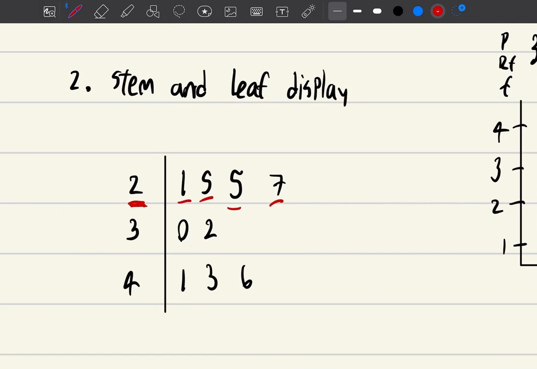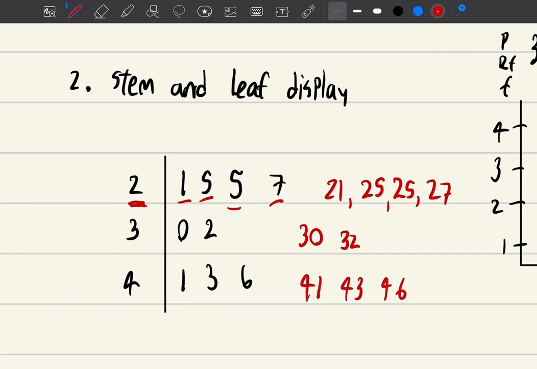So on this line, it's going to be 21, 25, 25, 27. And this line is going to be 30 and 32. And this one is 41, 43, 46.